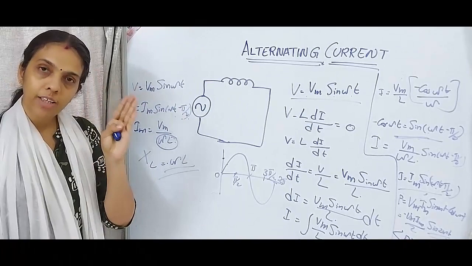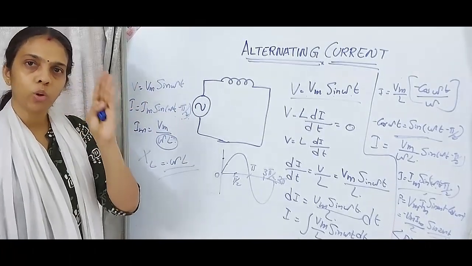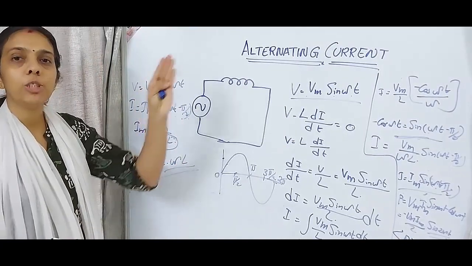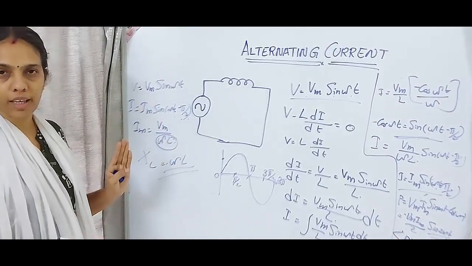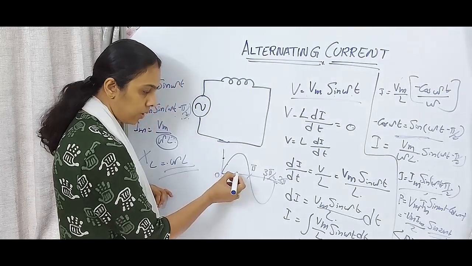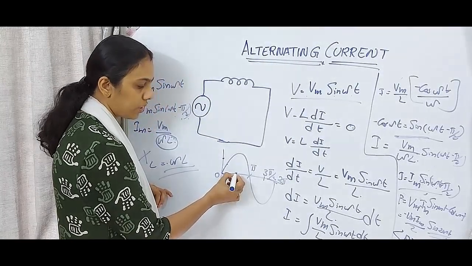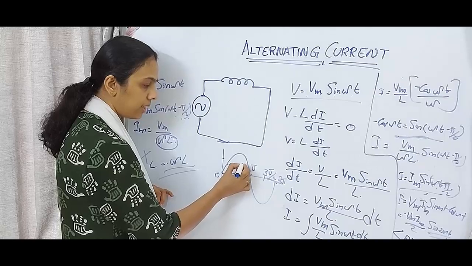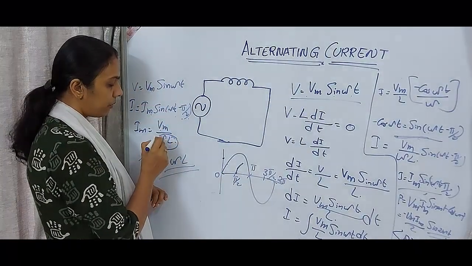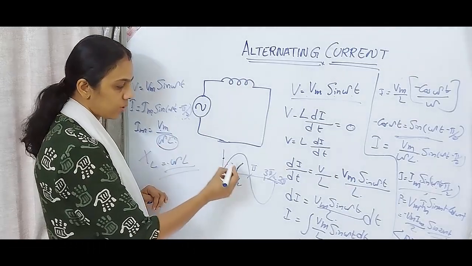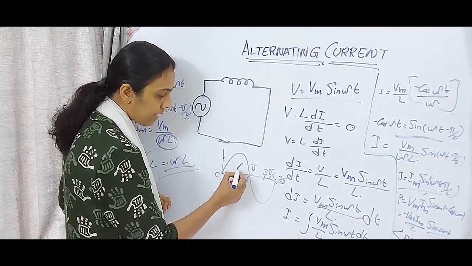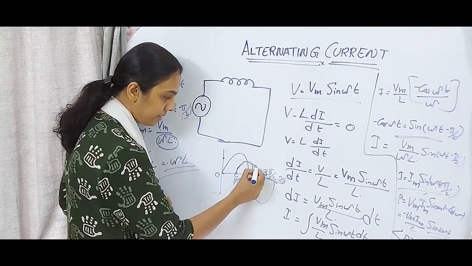So whatever value happens at 0, whether minimum or maximum, happens at pi by 2 only in the case of current. So for voltage at 0 degree it is 0, and for the current it is 0 at pi by 2.